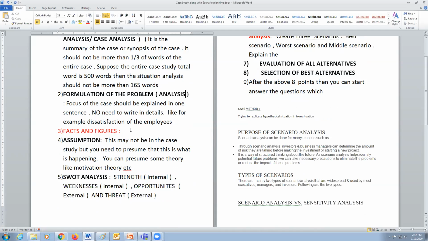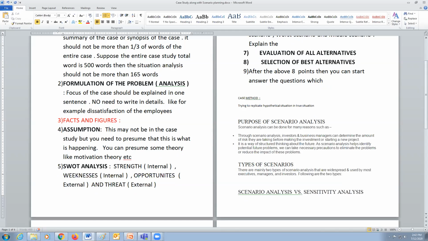If there are any facts, any table, any profit and loss, you need to mention that. Fourth, assumption, like hypothesis. This may not be in the case study, but you need to presume what is happening or what is going to happen in the future. And you can presume some theory like motivation theory, etc., which should also be included.